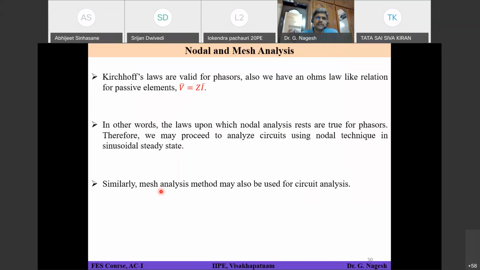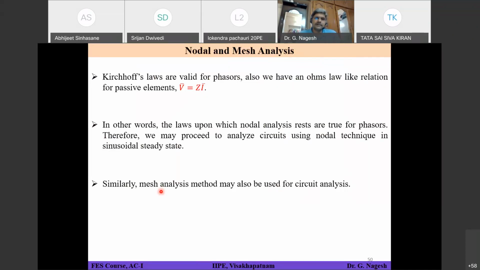Also, we have an Ohm's law like relationship for all passive elements, which is V equals Z into I. In other words, the laws upon which nodal analysis rests are true for phasors. That means nodal analysis depends on Kirchhoff's current law or Kirchhoff's voltage law, mostly Kirchhoff's current law.